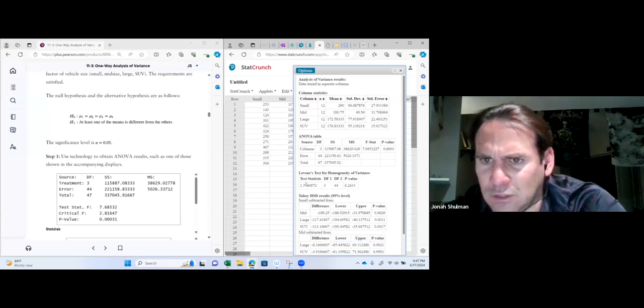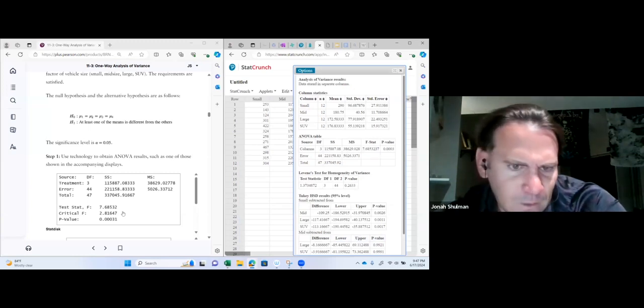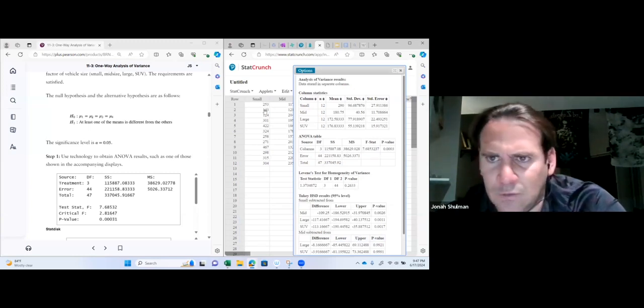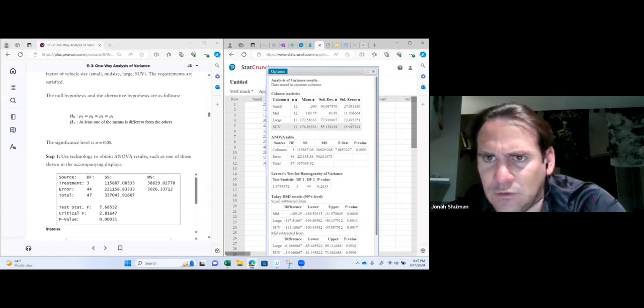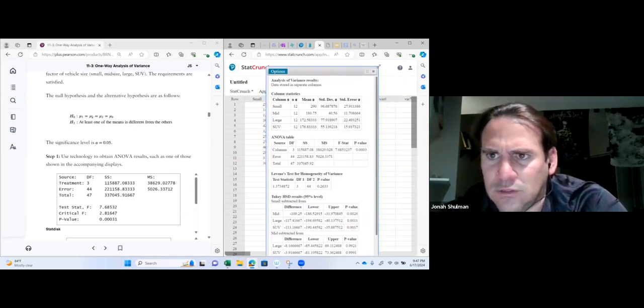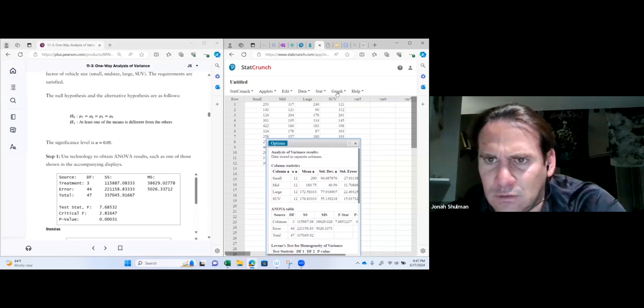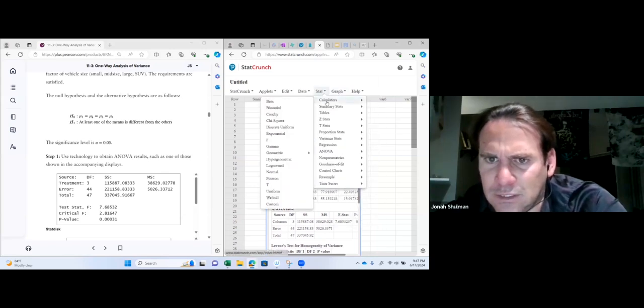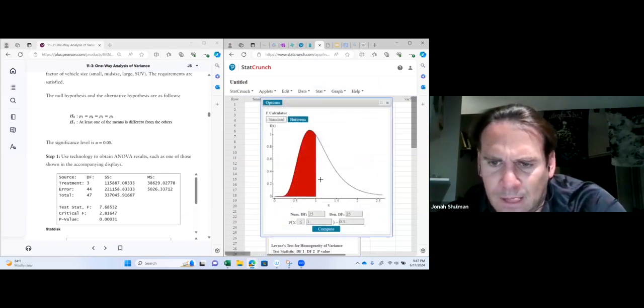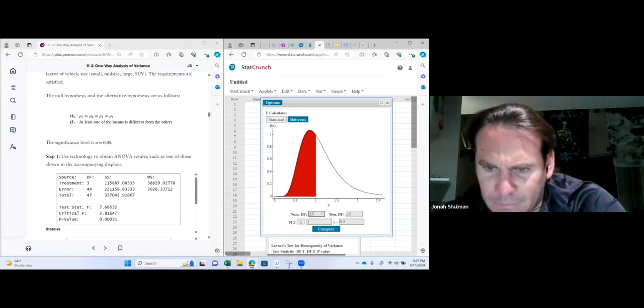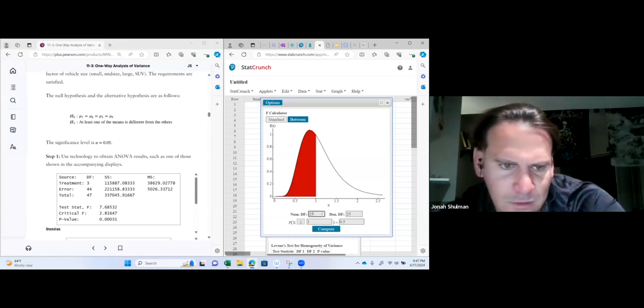How can we find that critical value? It says the critical value is 2.81. Sure, there's a calculator for that over here. Let's shrink this guy. Stat, calculator, F. Our number of degrees of freedom for the numerator.